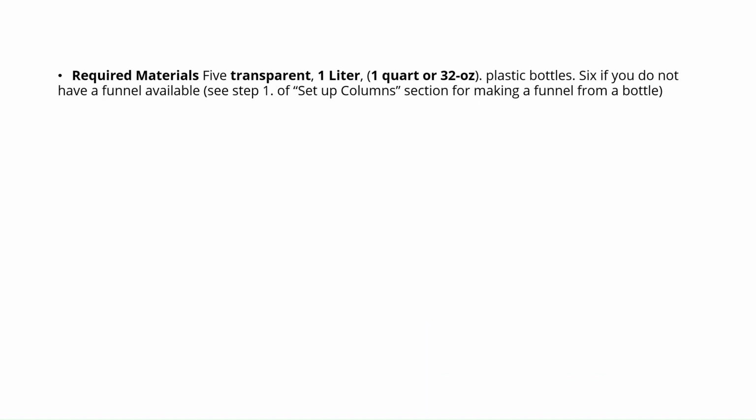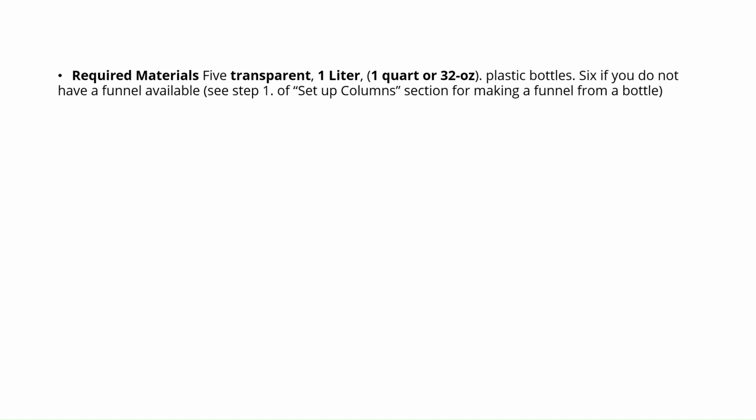Do not get a half a liter bottle or a half a quart. It needs to say 1 liter, 1,000 milliliters, or maybe something very close to that, like 950 milliliters. Very close to a 1 quart, a 1 liter, or 32-ounce plastic bottle. You will need 5 of them.